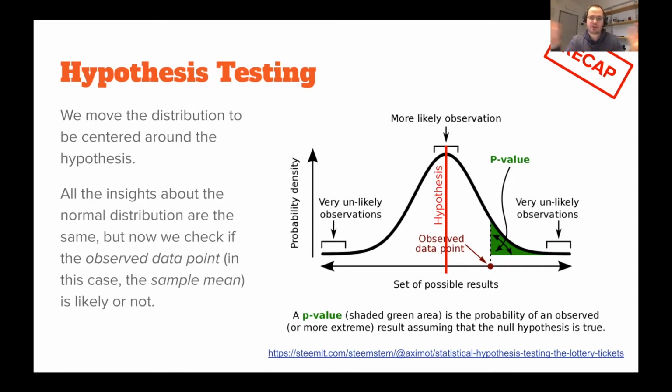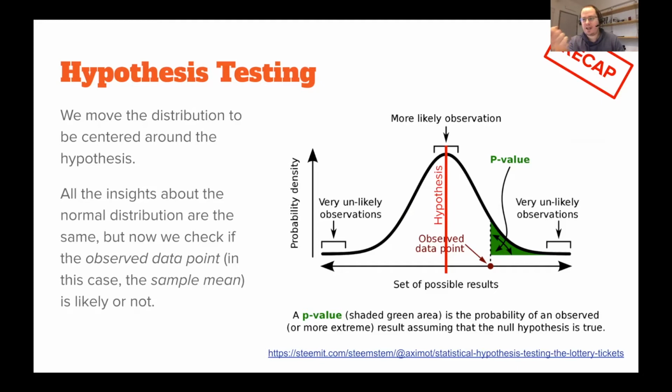But if something is very far away from the middle, either to the left or to the right, then they are very unlikely observations. And then the point is, if I have a certain point that I observed, and I find that the probability of observing that point, given the hypothesis, is very low, then I will reject my hypothesis.